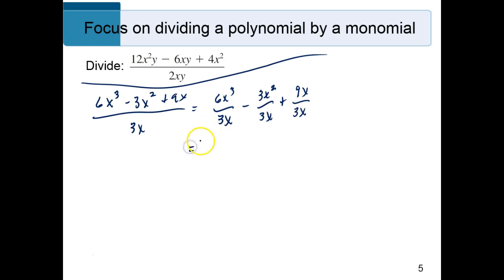And what would that be? 2x squared minus x plus 3. Very good. Very much easier one. 2x squared minus x plus 3. That's the one they skipped.